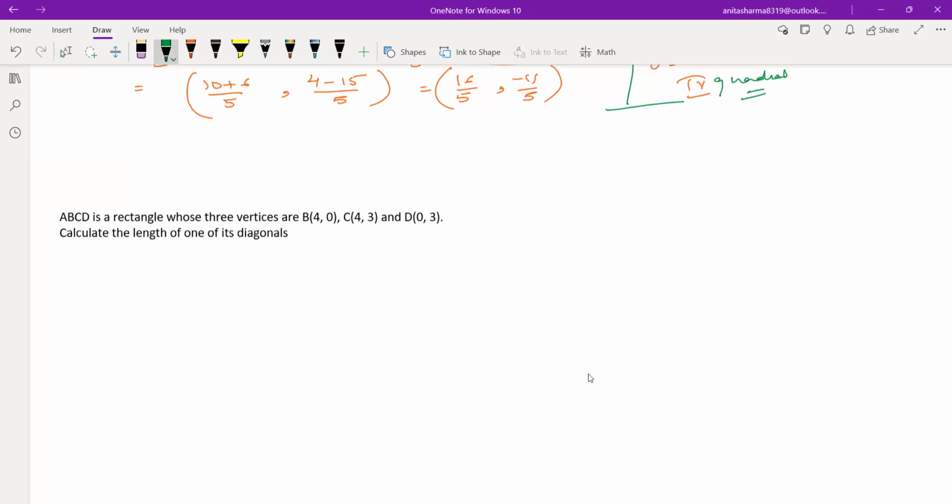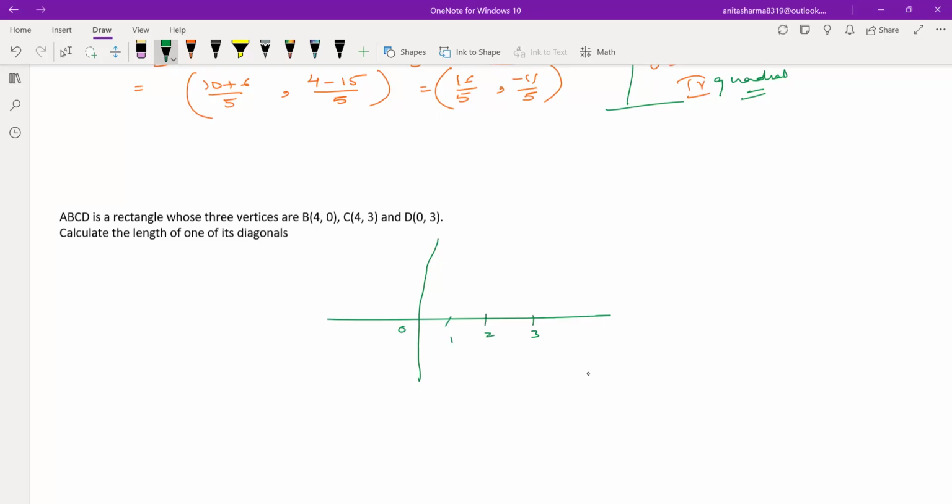So ABCD is a rectangle. This is your origin, and this is 1, 2, 3, and 4.